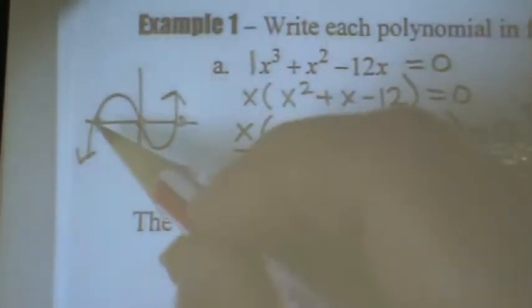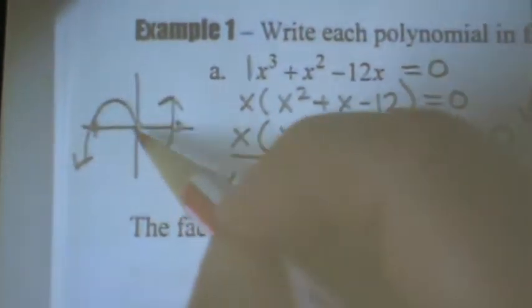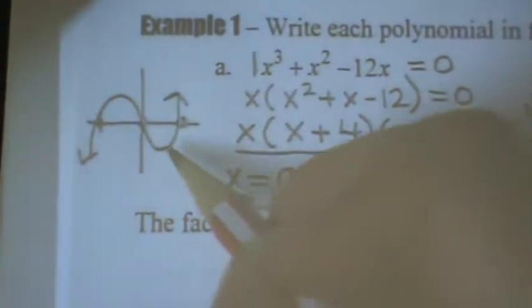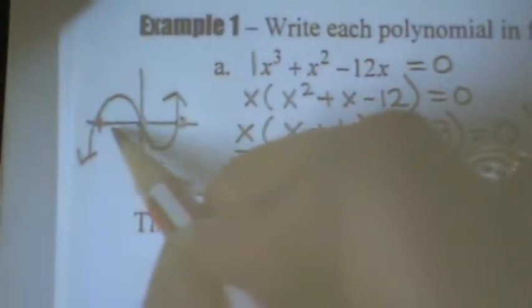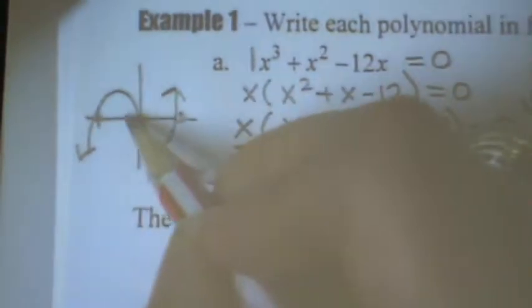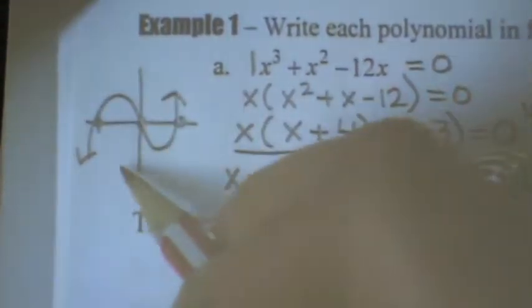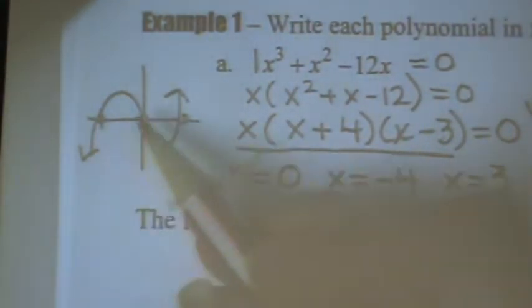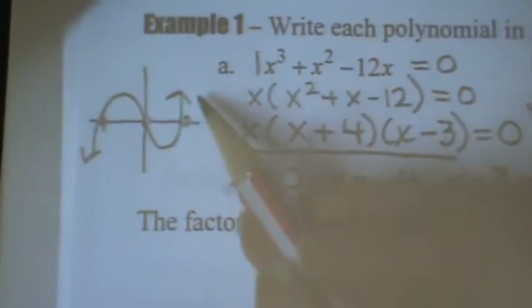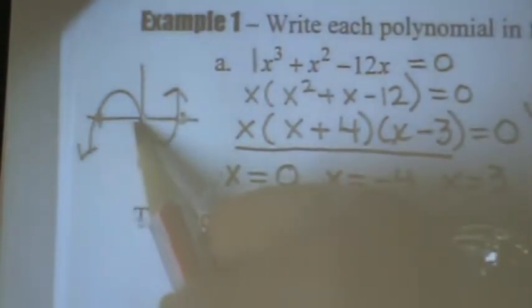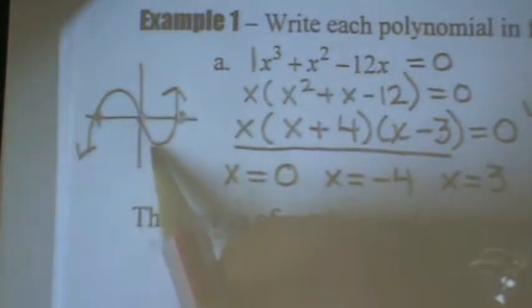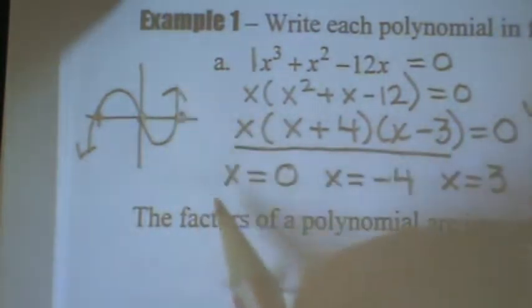Now, how high up or how low are we going? On the back page, I'm going to show you how to plug numbers in and figure that out. But right now, we know the basic shape: the left side's going down and the right side's going up, passing through negative 4, through 0, and back up through 3.